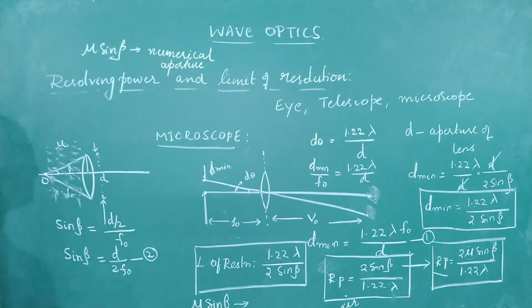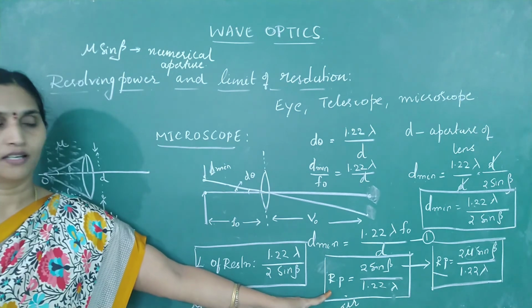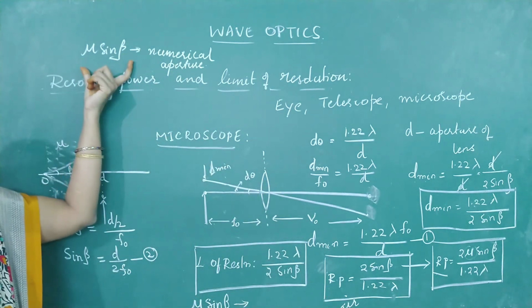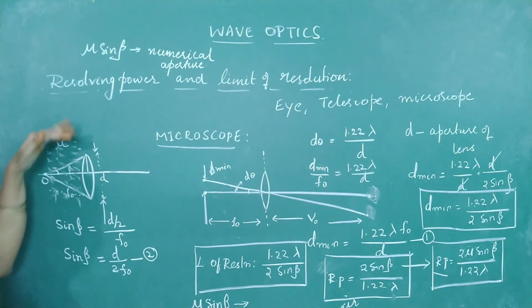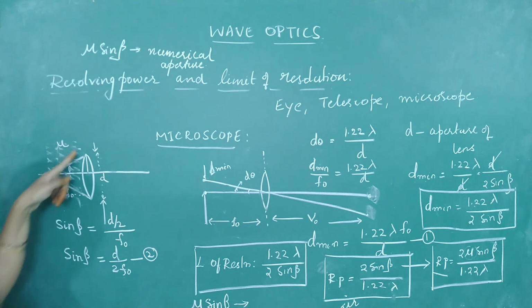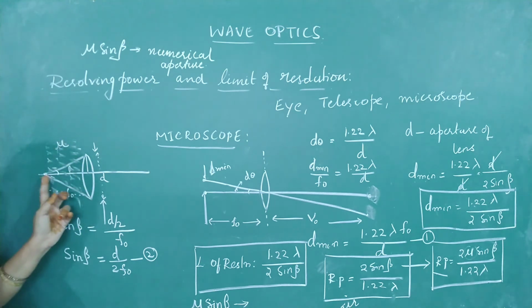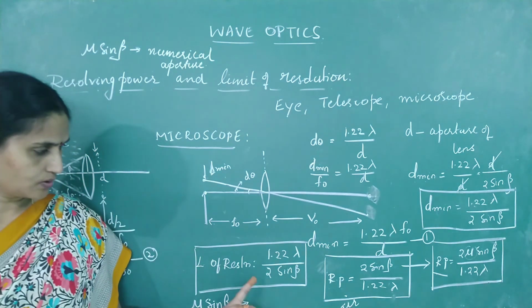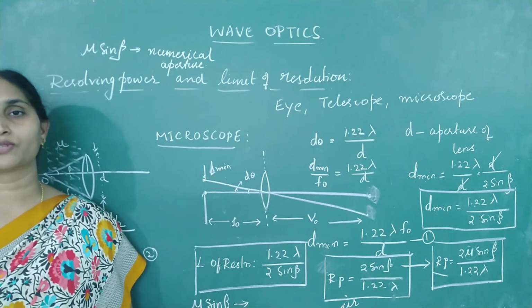If numerical aperture is large, then resolving power will be very, very high. So we try to keep the numerical aperture large. How to improve the numerical aperture? By increasing the size of the lens or by filling the region with a medium of larger refractive index. So if you fill the region between object and objective with a transparent liquid, you will have a better resolving power. So these are the two formulas you have to remember for a telescope as well as for a microscope.